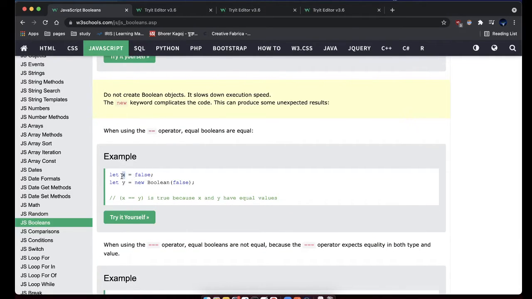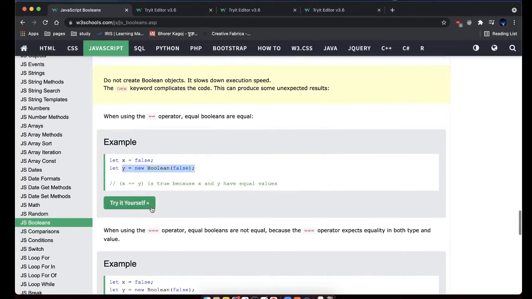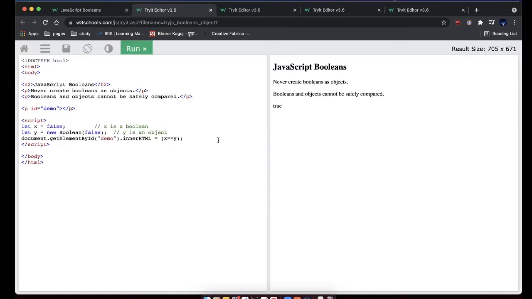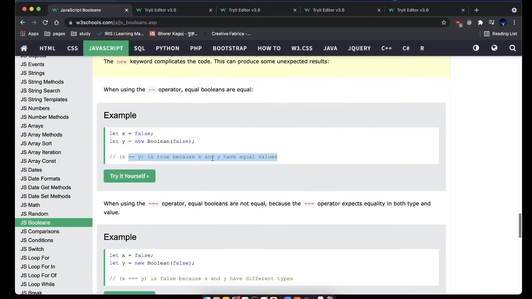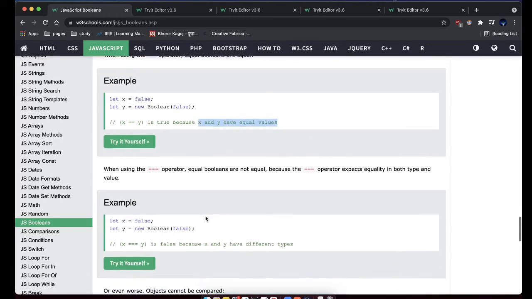Then y equal to new Boolean with value false. If we print it out, we notice this is a true value, because x equals false and y equals false, and false equals false, so true. So two falses become a true. If you learn about Boolean algebra, it is similar to that. So x and y both have the same value.